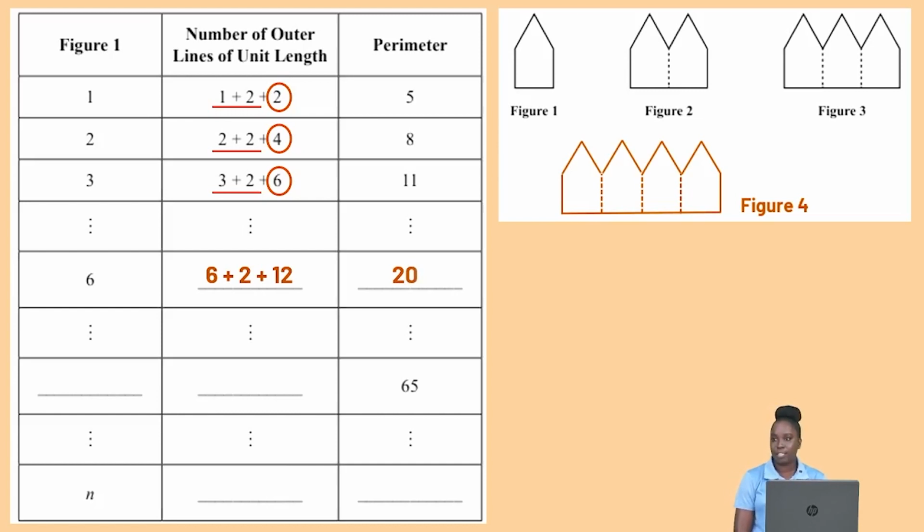And we can even go back and check. Figure 1, 1 plus 2 is 3 plus 2 is 5. Figure 2, 2 plus 2 plus 4 gives us 8. Figure 3, 3 plus 2 plus 6 gives us 11. And so we know that what we would have done there is also true and correct.